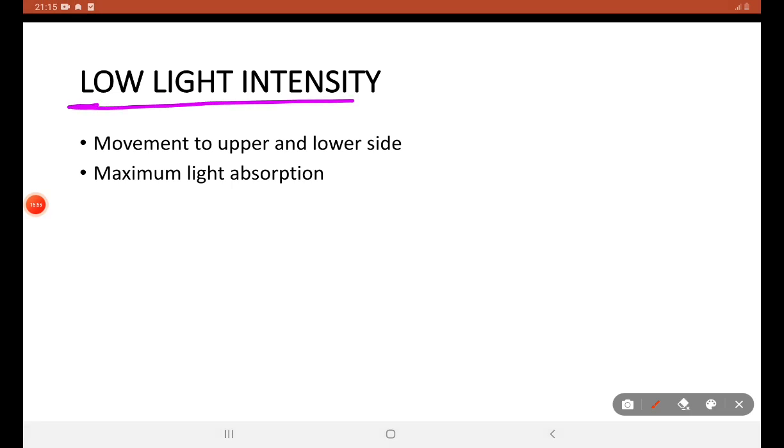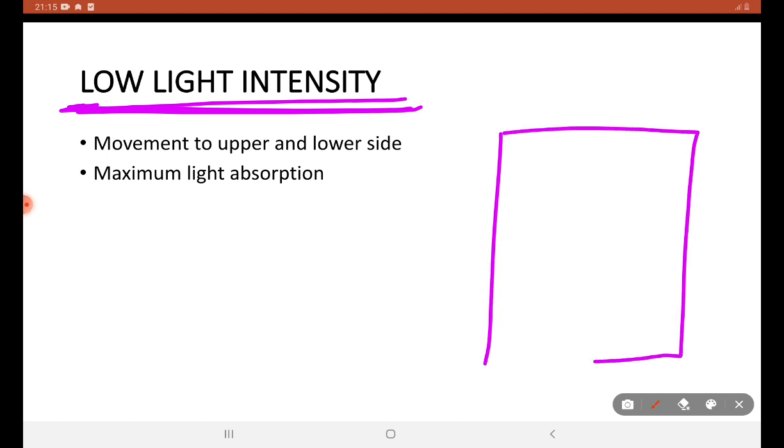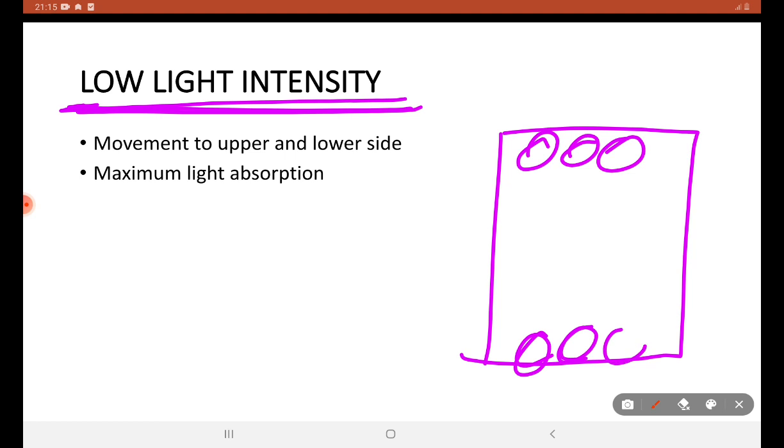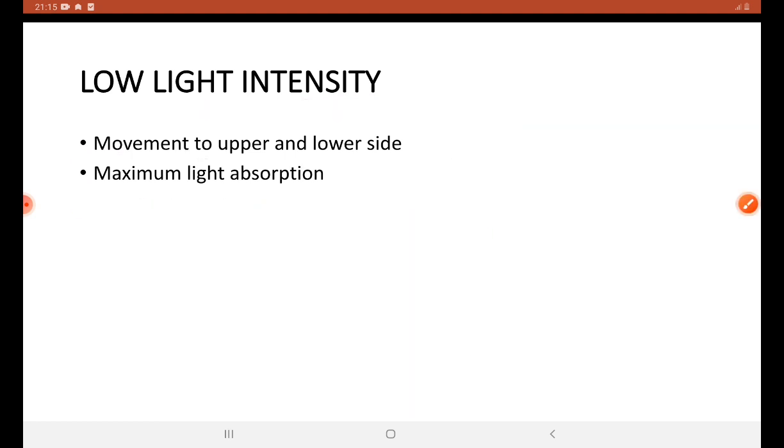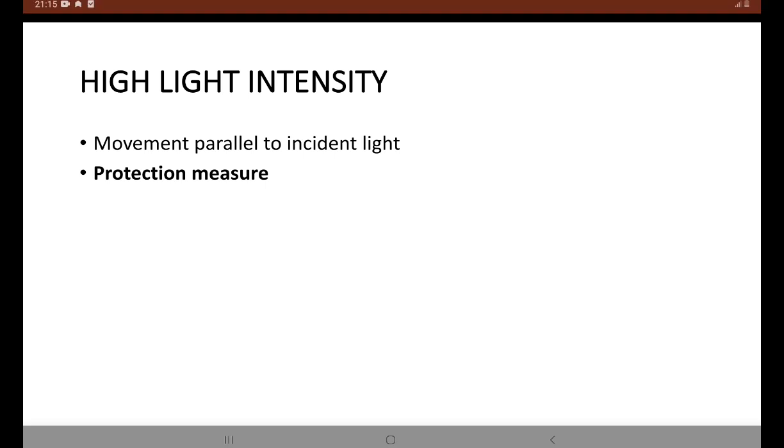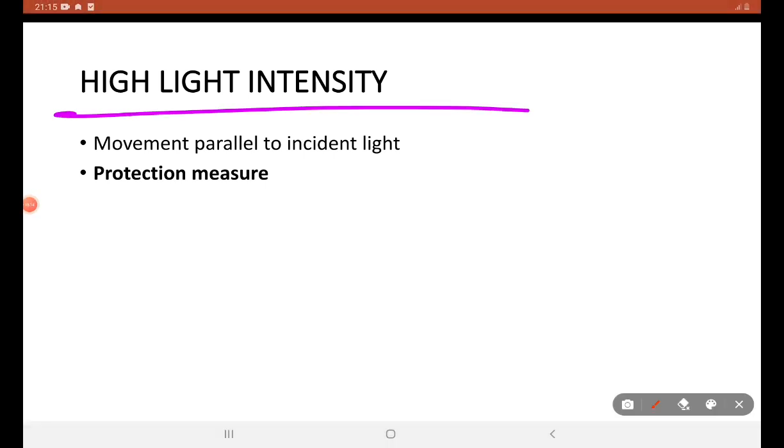What will happen in case of low light intensity? Movement to the upper and lower side, that is accumulation response, where maximum light absorption takes place. What will happen in high light intensity?